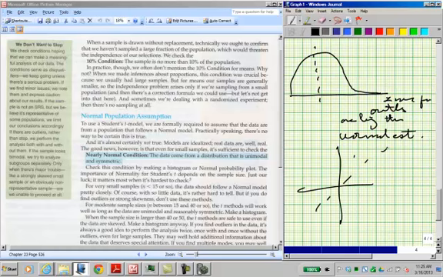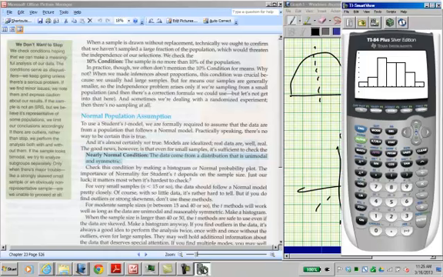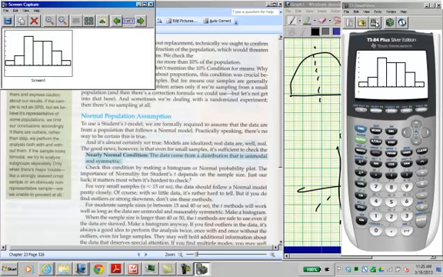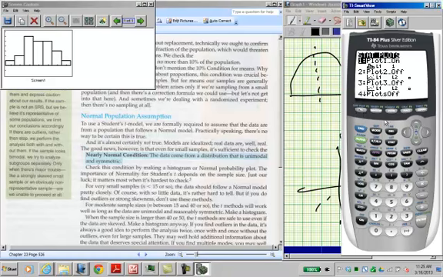Okay? So, let's see what we get. Let's take a look here. We're going to do second and y equals, and we're going to do a normal probability plot. Here, first, let me take a picture of this thing here. Okay. Now, let's do the normal probability plot.